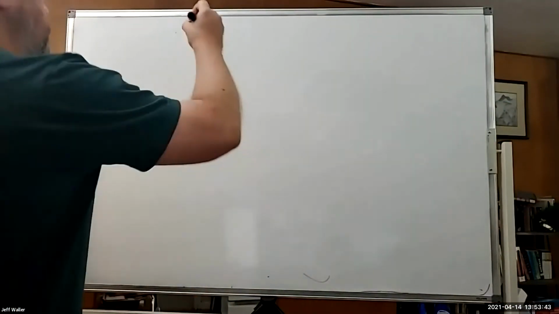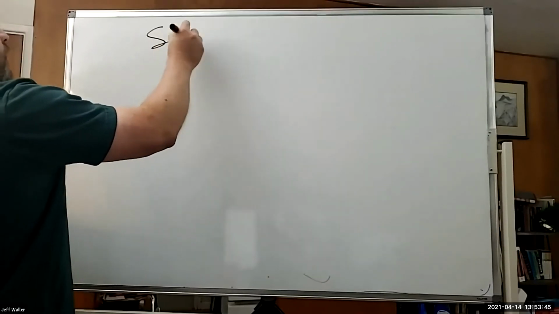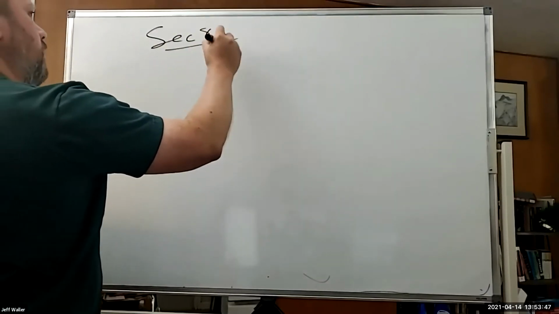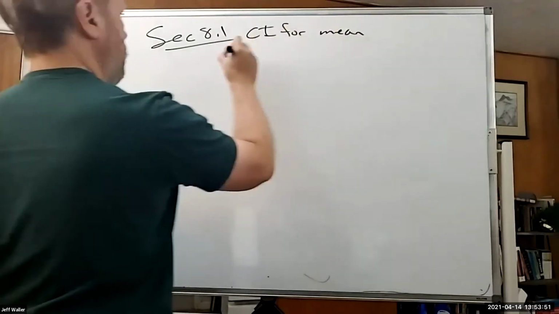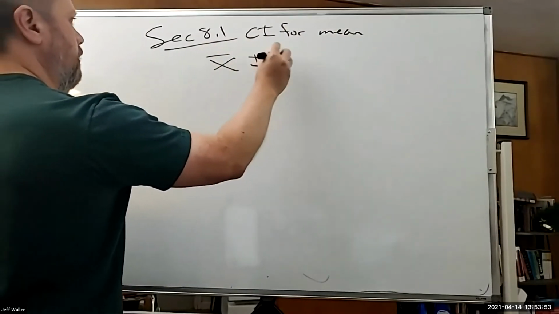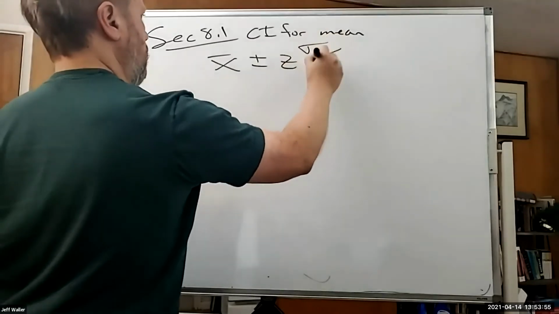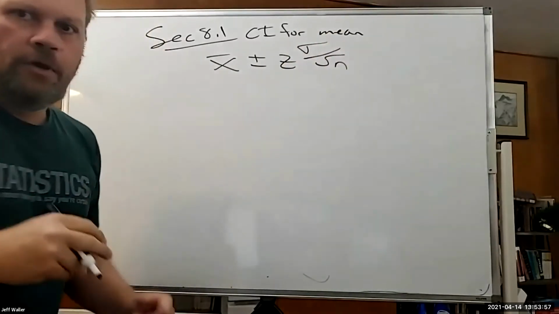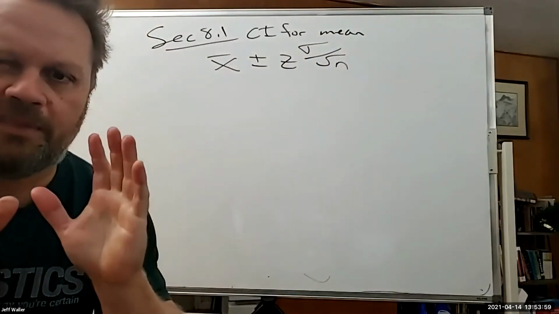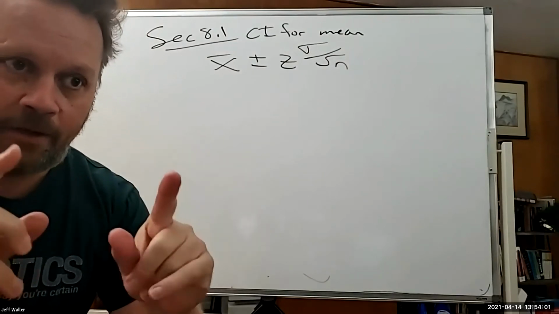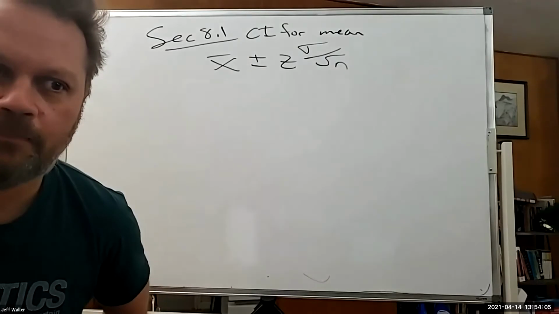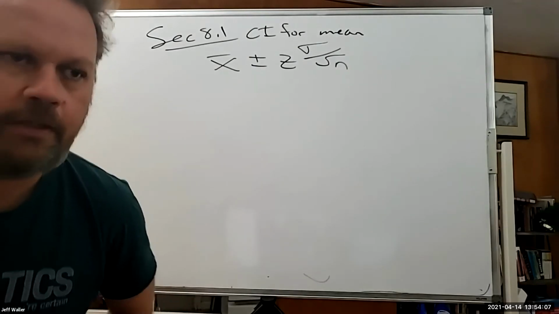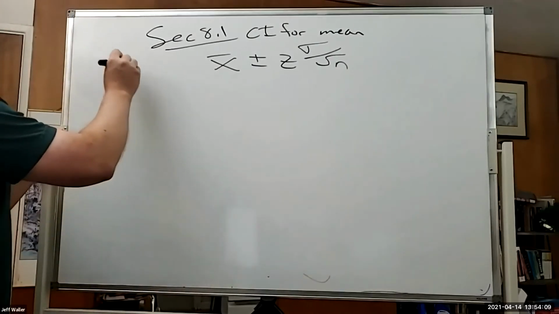Oh yeah, okay. So here is section 8.1, the confidence interval for the mean is this guy. I have no idea if you remember this, but the whole thing that chapter 8 is predicated on is this idea that we normally don't know this.